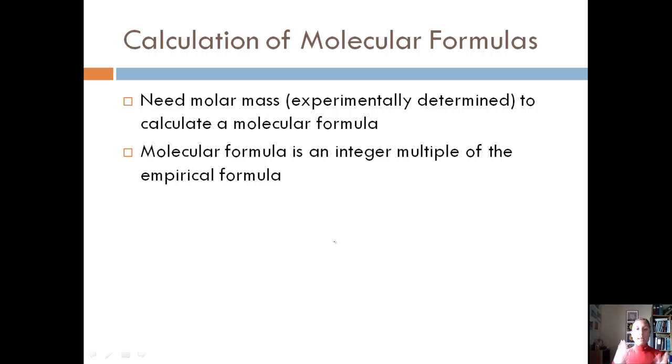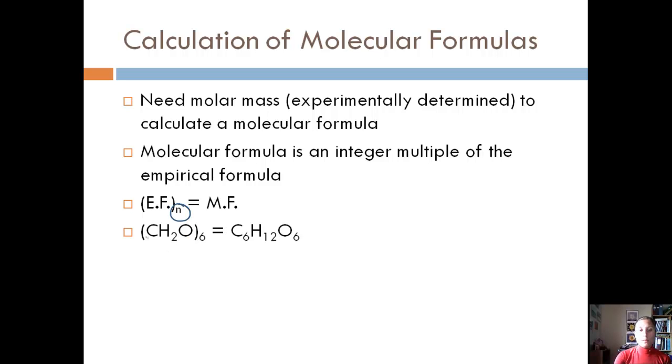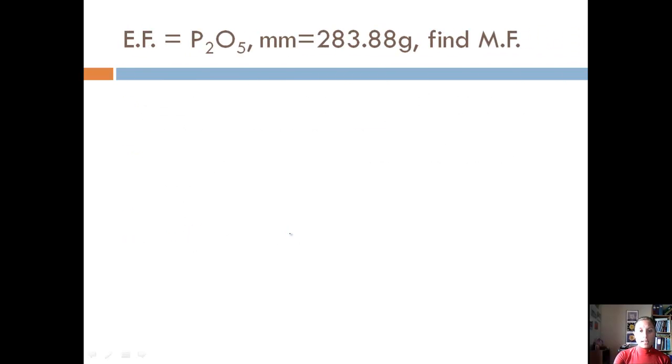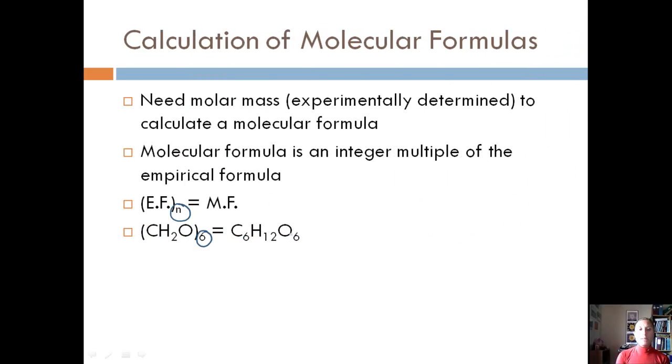How are we relating empirical to molecular formula? Well, the way that we do that is empirical formula times some number is equal to the molecular formula. So for example, CH2O times 6 gave us C6H12O6. The way that we're going to find that number, let's go back for a second.